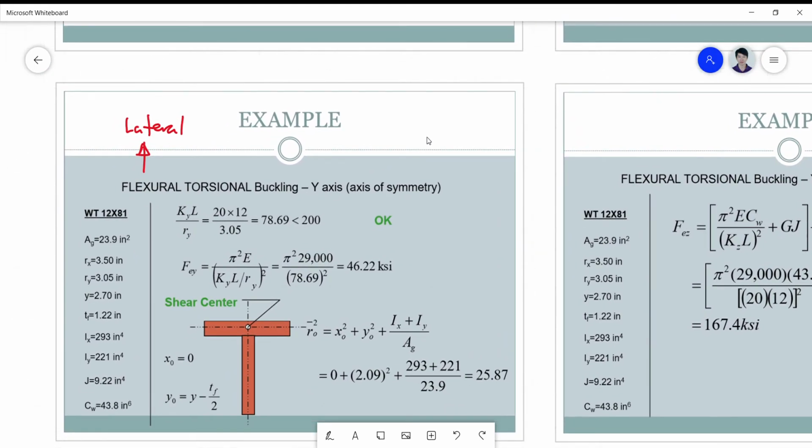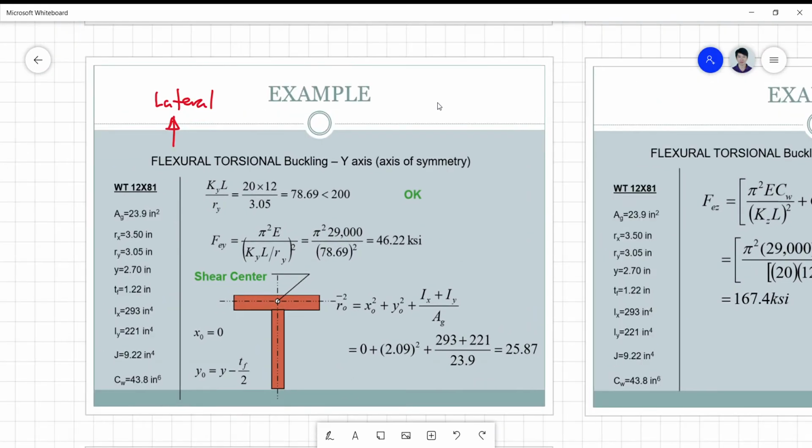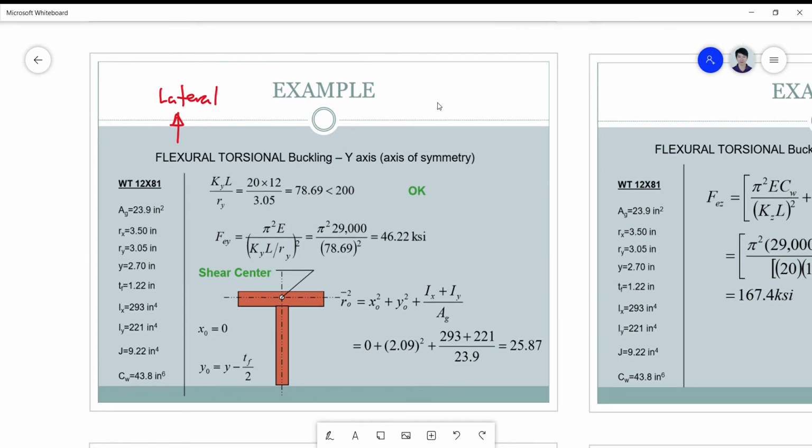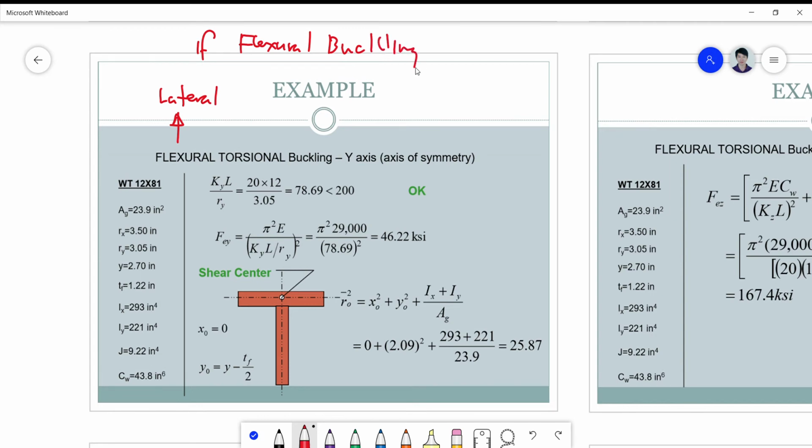And when you talk of lateral, remember this, no? If your flexural buckling, your global flexure, is about the X axis, isn't the X axis the one that buckled earlier?